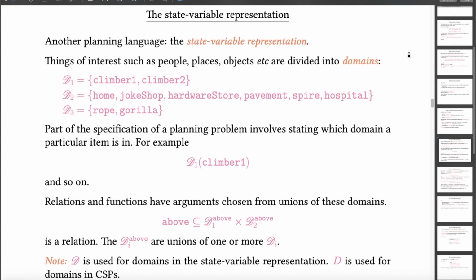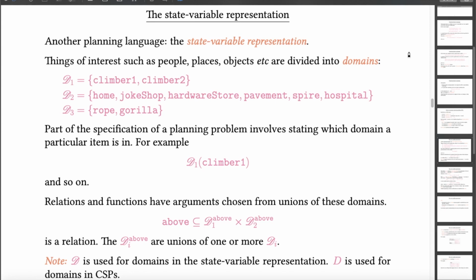They're needed in order to be explicit about what you're defining, but it's almost certainly easier to understand the overall method without worrying too much about these at the outset. Essentially, all we're doing is associating domains with different groups of things that are of interest within our planning problem. In the running example, climbers, places, and objects.